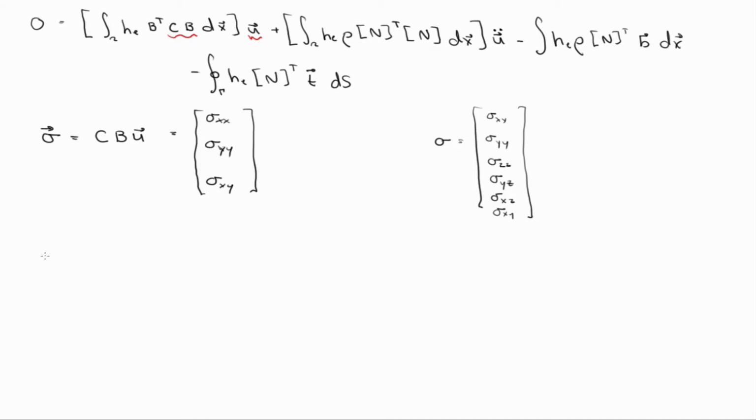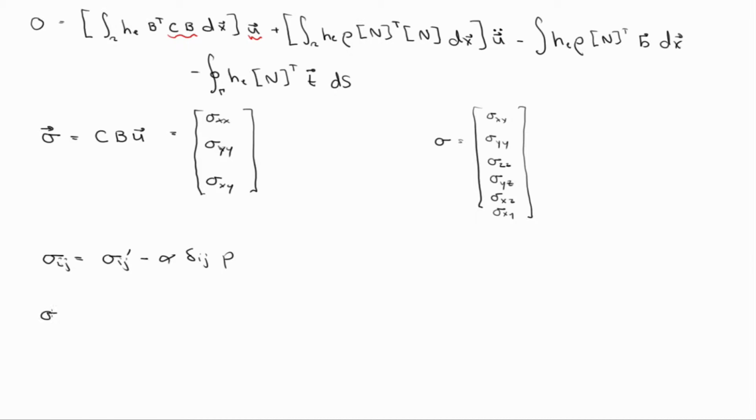Okay, so when we talked about poroelasticity, we talked about an effective stress. And we said that the total stress is the effective stress minus the Biot coefficient times, in index notation, delta ij times the pore pressure. But we could also write this in this vectorized notation if we just introduce one new thing.